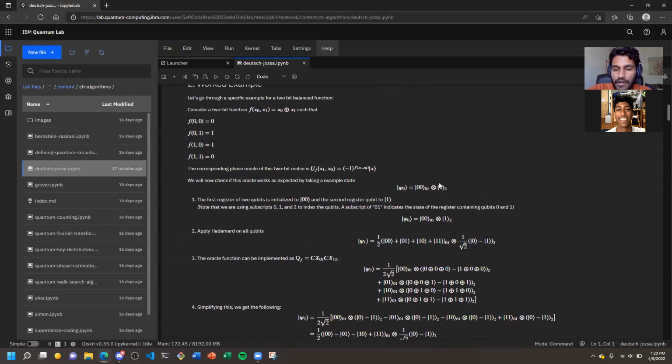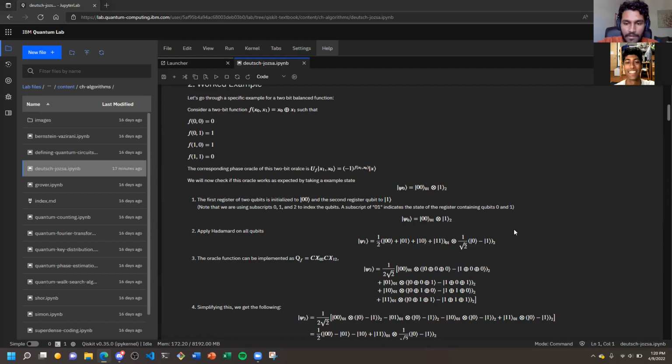So this is 1 register, and our second register is just a single qubit that is initialized to 1. Okay. So I don't know why then the math works. I thought, okay. I mean, we'll probably figure out wherever I went wrong. Yeah, we'll probably figure it out in time.